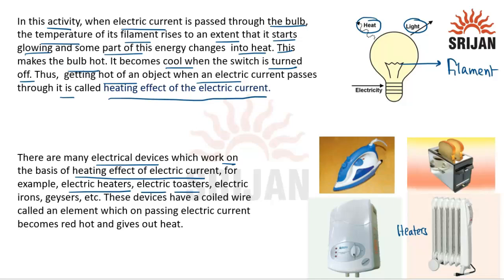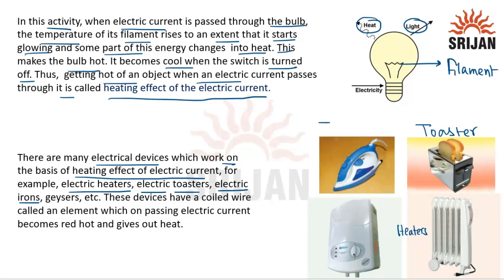Then electric toasters. So we can see that this is an electric toaster. This also uses the heating effect of electric current to toast the breads because the heat is produced with the passage of electricity. Then electric irons.